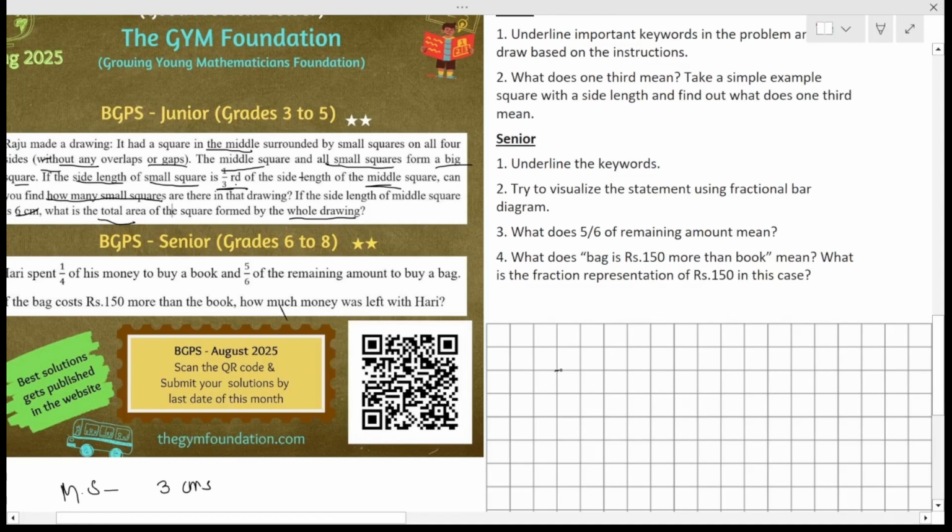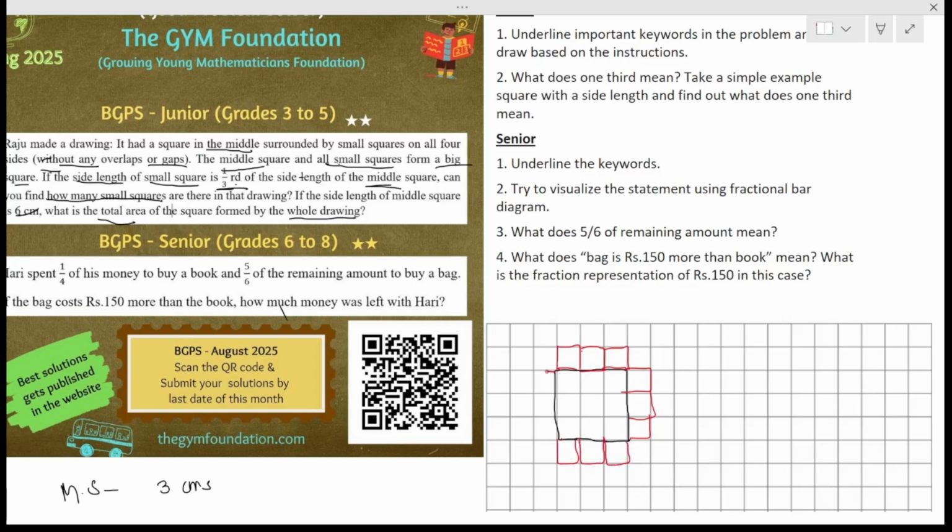If I'm drawing a middle square of 3 centimeters side length, like this, it is surrounded by small squares, each having 1 centimeter as the length. Let me draw the small squares in red color. It says they do not overlap or have any gaps and form a bigger square. So I should draw the smaller squares next to each other, all around the middle square like this.